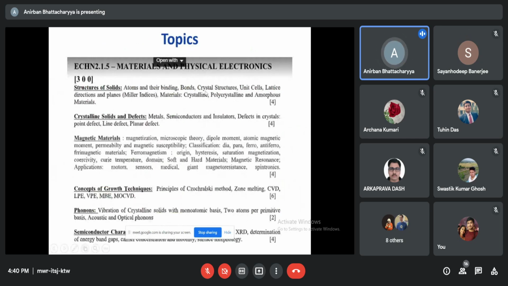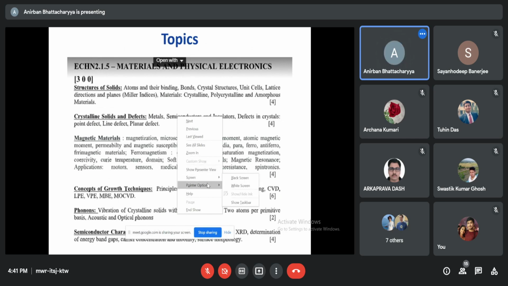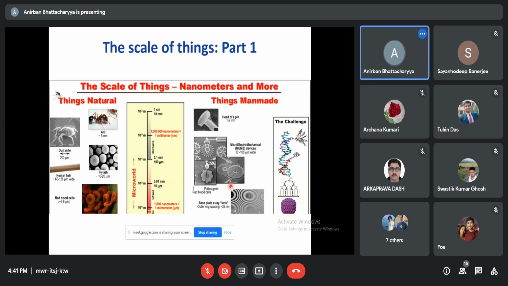So we were looking at atoms and their binding. Essentially, what we said is we did crystal structures, unit cells, lattice directions and planes, Miller indices. And we briefly discussed crystalline nanomorphs, which we'll talk about a little later. What we left out was atoms and their binding, so we will continue that now.